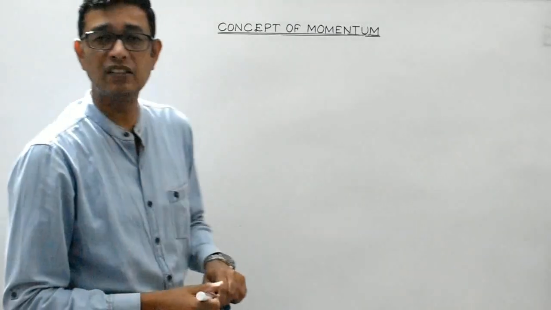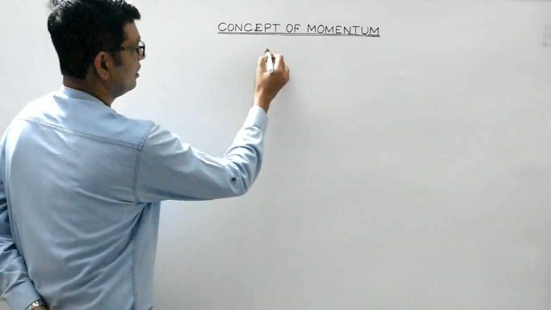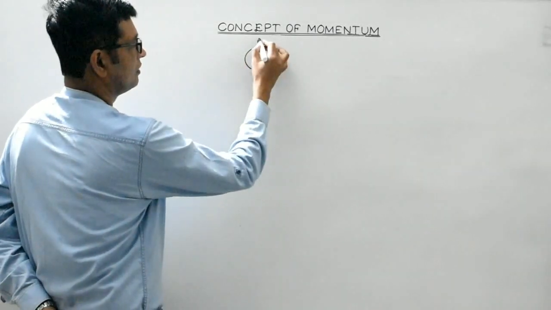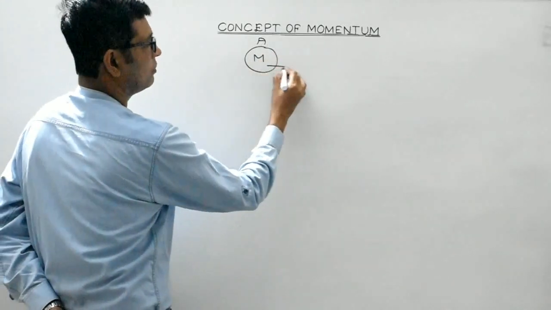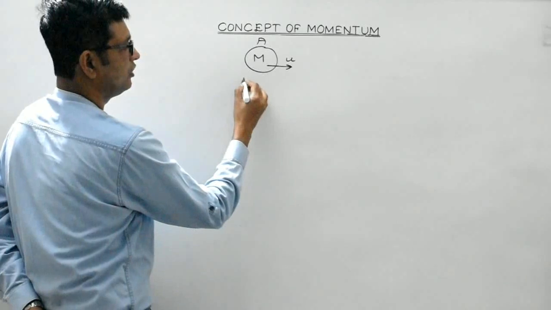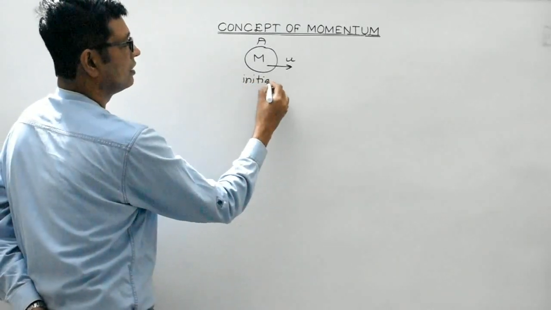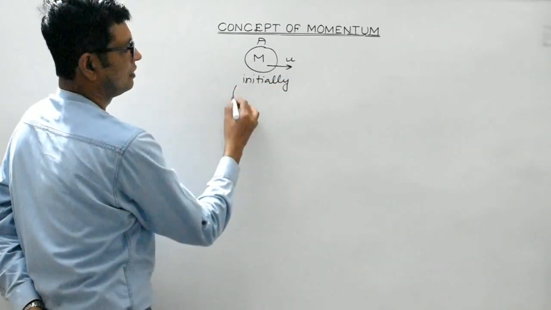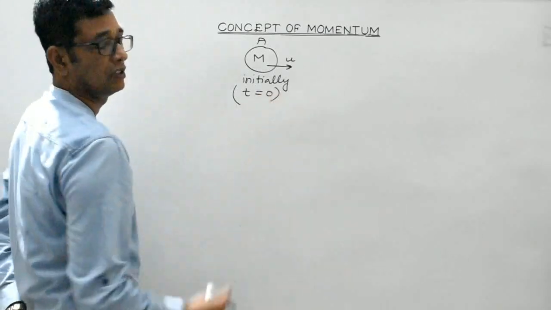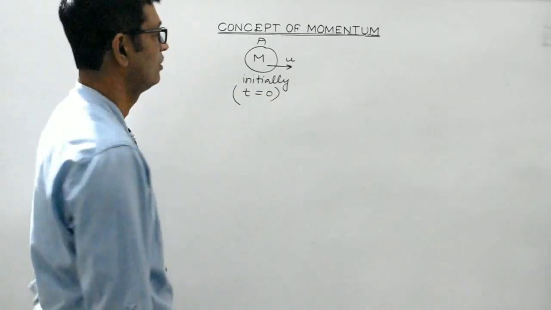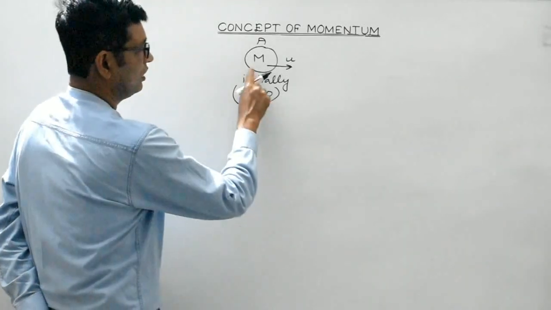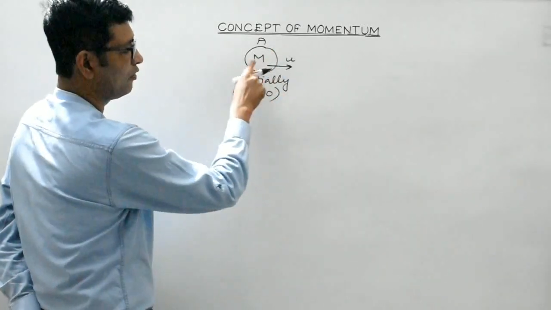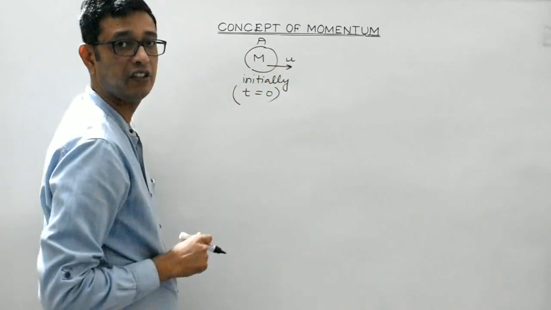So what we do is, let us consider a body A of mass m to be initially moving with velocity u. Initially means at t equals 0, when we start counting the time, isn't it? So initially, suppose this body A of mass m is moving with velocity u, right?